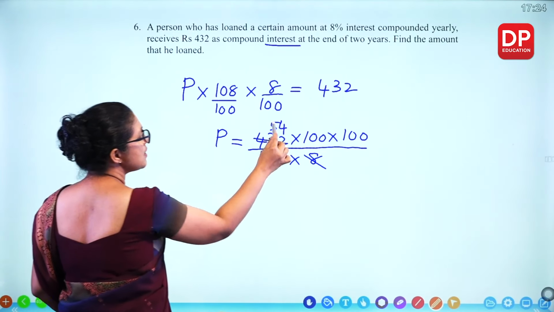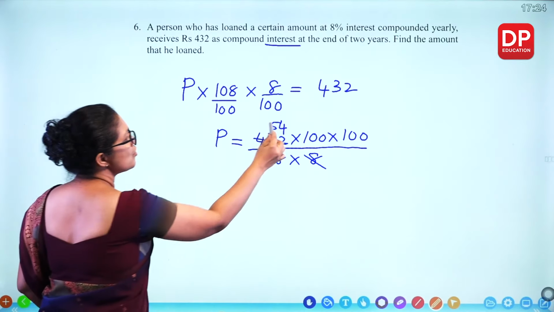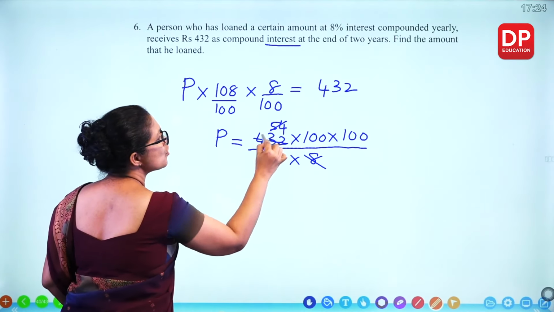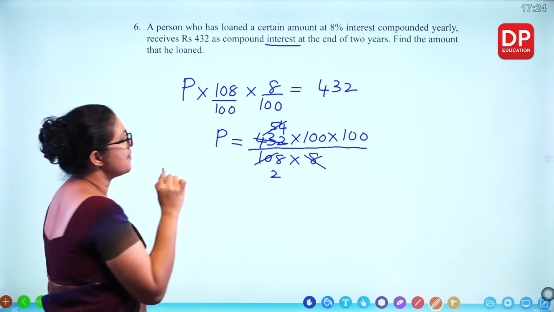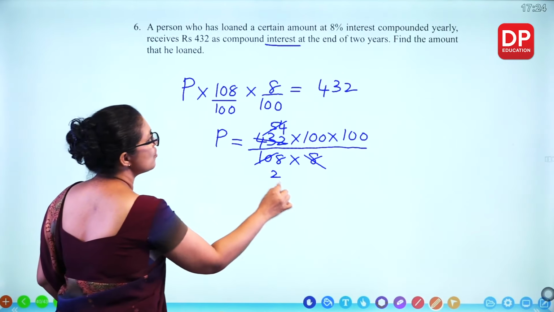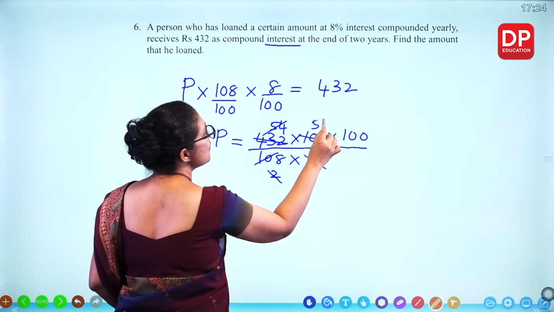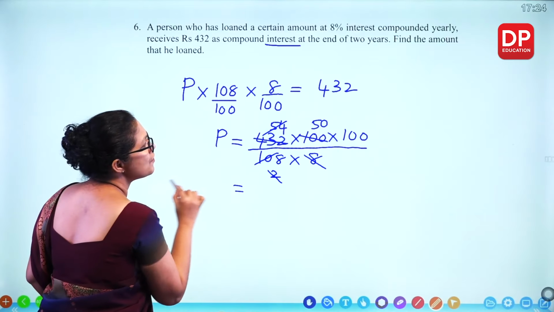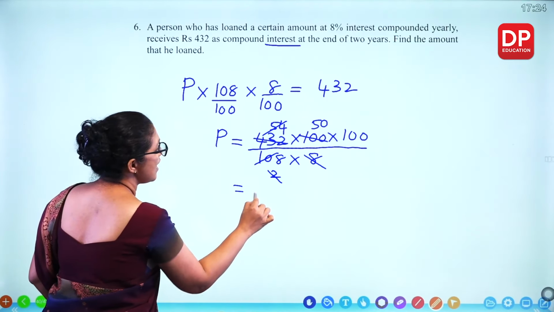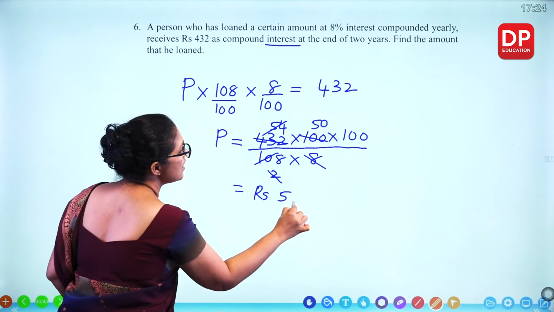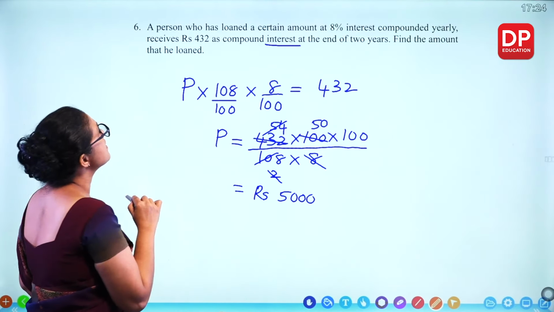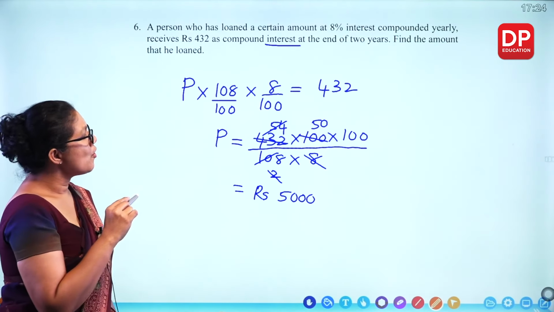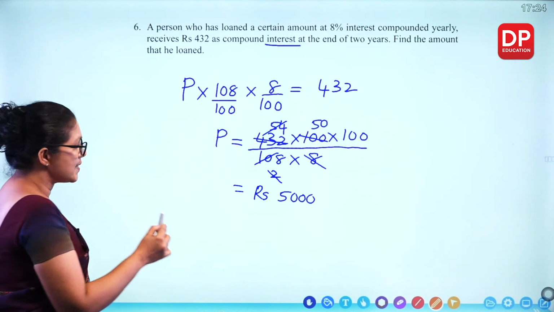So when you multiply it by 2, 54 times 2, you get 108. So 2 and 100, this is 50. So 50 times 100, that's 5,000 rupees. So that's the loaned amount, 5,000 rupees.